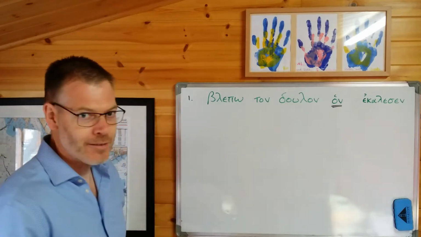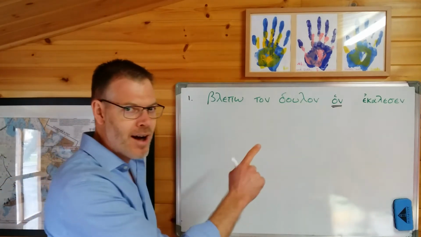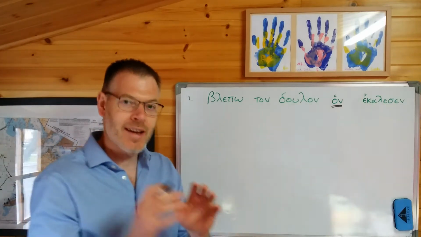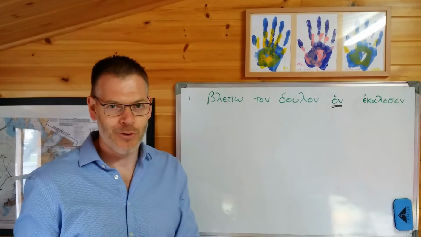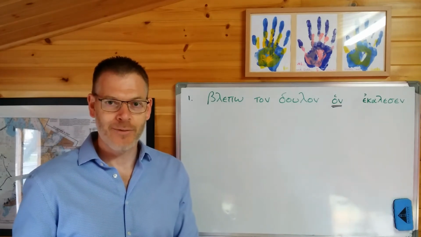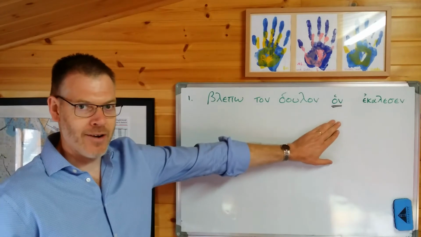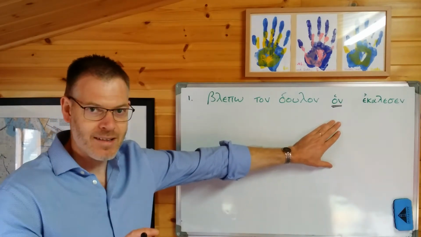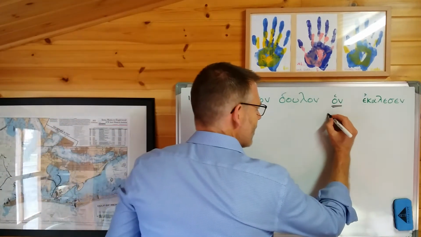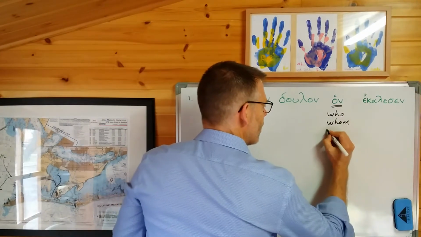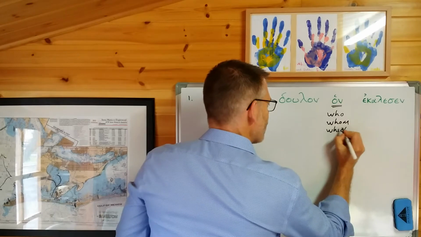Okay, so hon, and we're going to parse that in a second, but I'm not going to worry about it for now. What I want you to do, and here's the key step, which is somewhat different from what Jeremy Duff recommends, is that when you see the relative pronoun, you write immediately this: who, whom, which.